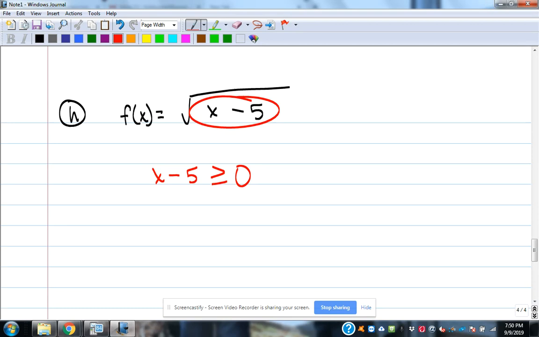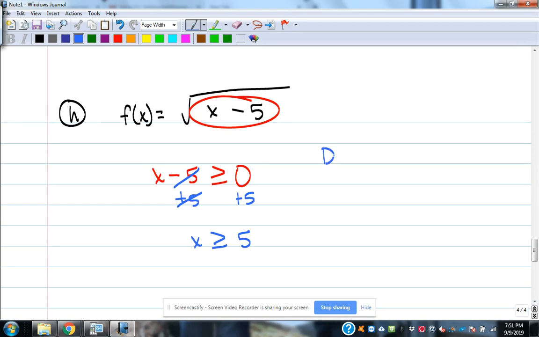Okay, so how do we solve that? Add 5 to 0. X is greater than or equal to 5. Those are the numbers that will work inside of that square root symbol. Okay, so X has got to be greater than or equal to 5.